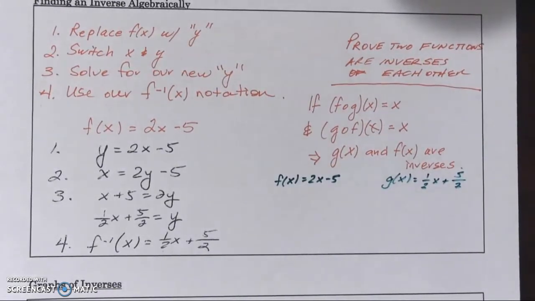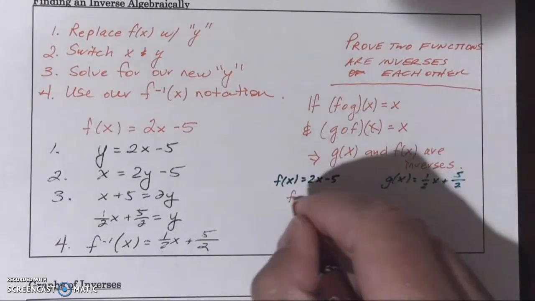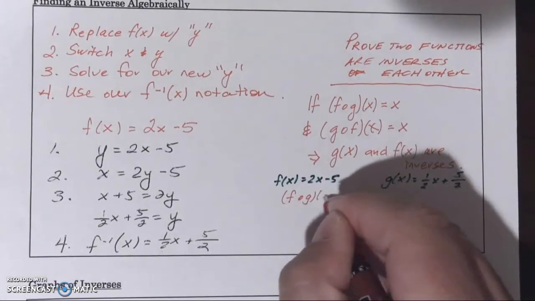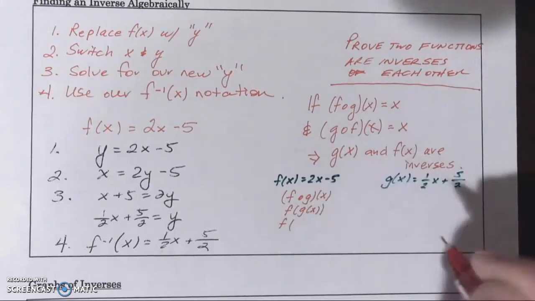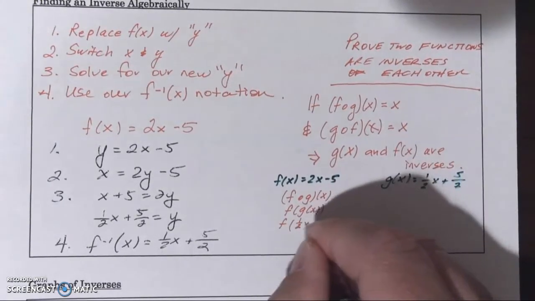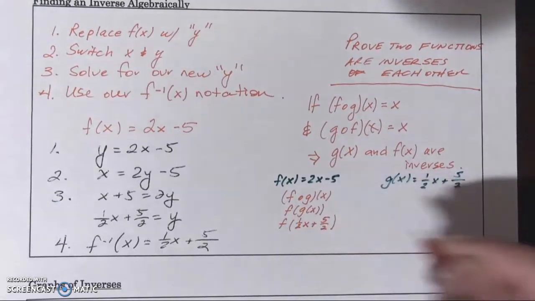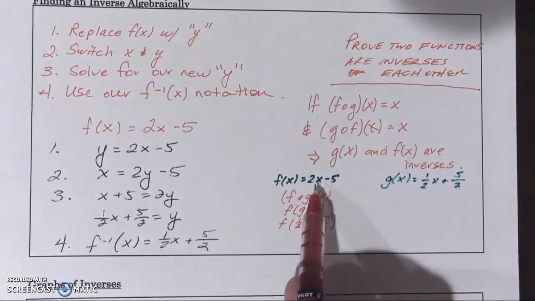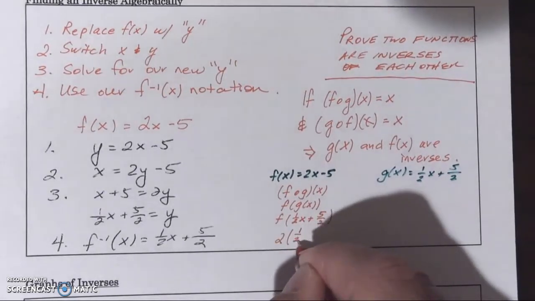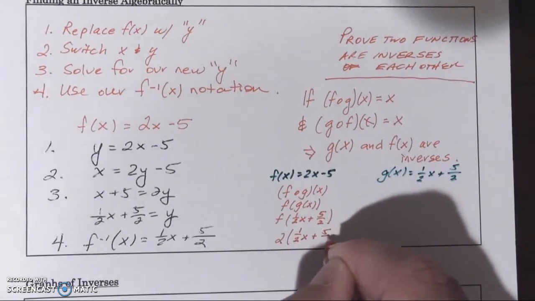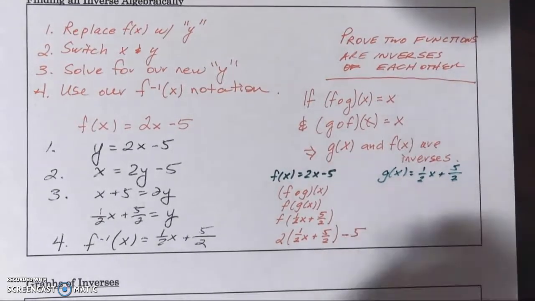We're going to do f of g and g of f. So f of g of x would be f of g of x. G of x is 1/2 x plus 5 over 2. Now I input this into the x in the f function. I get 2 times 1/2 x plus 5 over 2 minus 5.